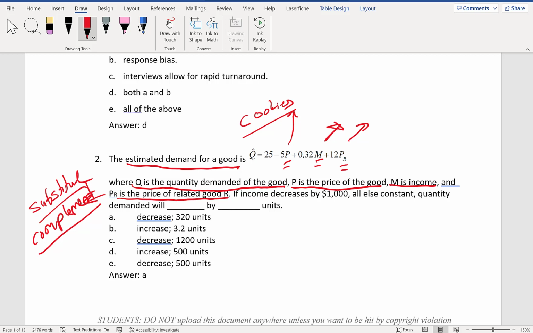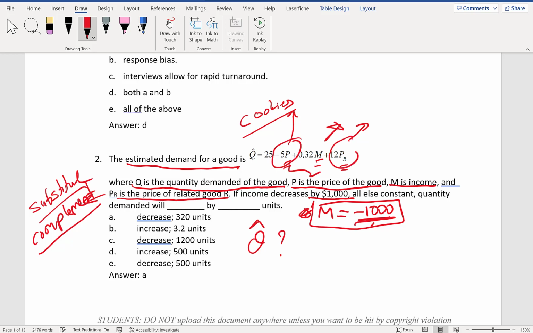If income decreases by 1,000, so change in M is negative 1,000, basically plug in negative 1,000 in this equation, all else constant. So what will happen to Q hat if income goes down by $1,000? We're holding everything else constant, just focus on this.